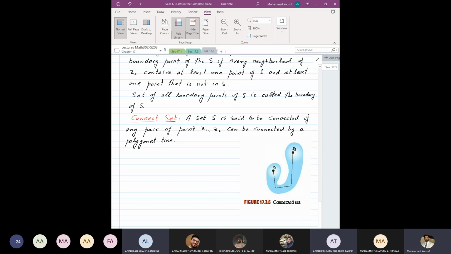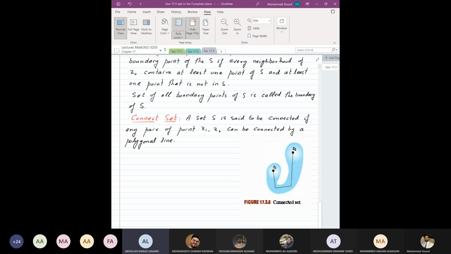But can't I take 2 points inside one of the circles? Yes, but here is one word: if any pair of points, any. So any means any, you do not restrict yourself to one set. You can take 2 points, one here and one there.